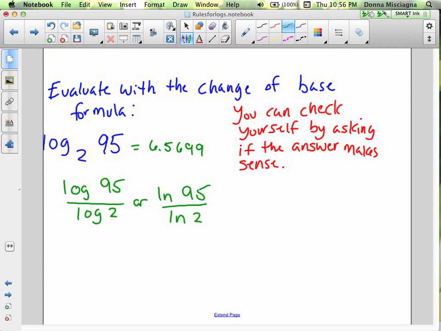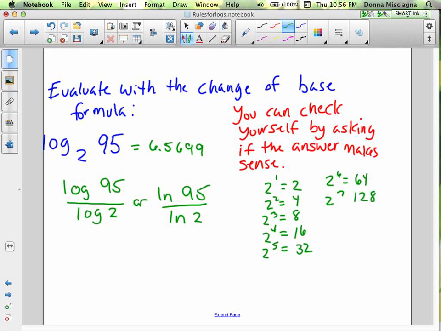I know that 2 to the first is 2, 2 squared is 4, 2 cubed is 8, 2 to the fourth is 16, and 2 to the fifth is 32. I keep going here. 2 to the sixth is 64, and 2 to the seventh is 128.